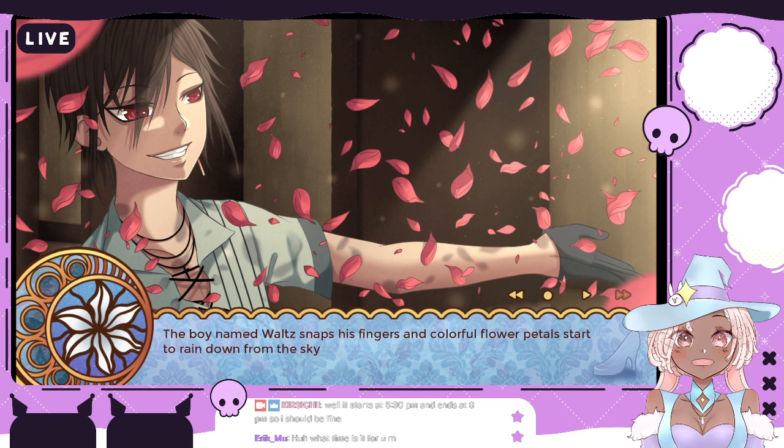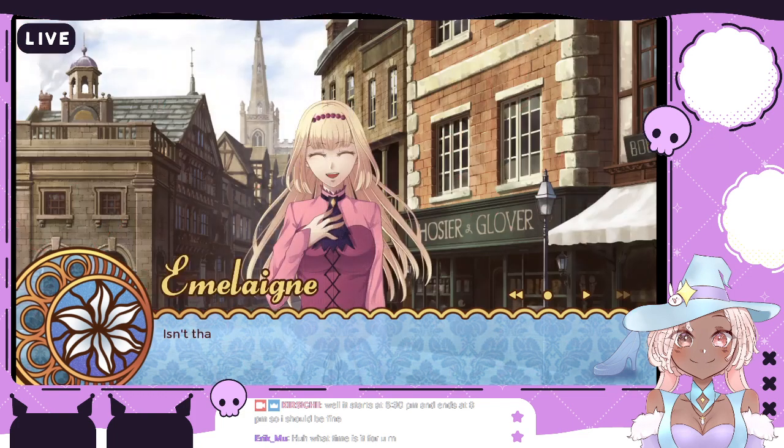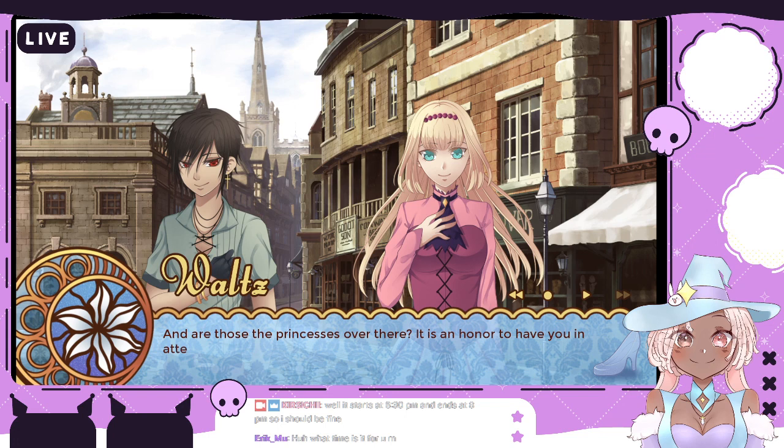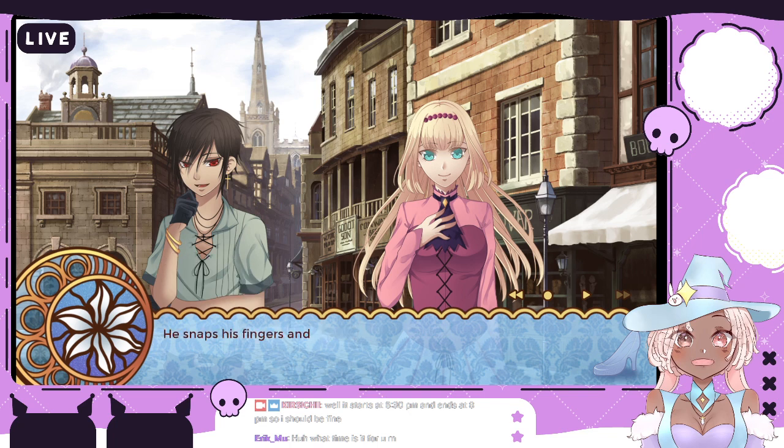The boy named Waltz snaps his fingers and colorful flowers start to rain down from the sky. Isn't that pretty, Lucette? And are those princesses over there? It is an honor to have you in attendance. Please accept this humble gift. He snaps his fingers, and white lilies appear in his hand.